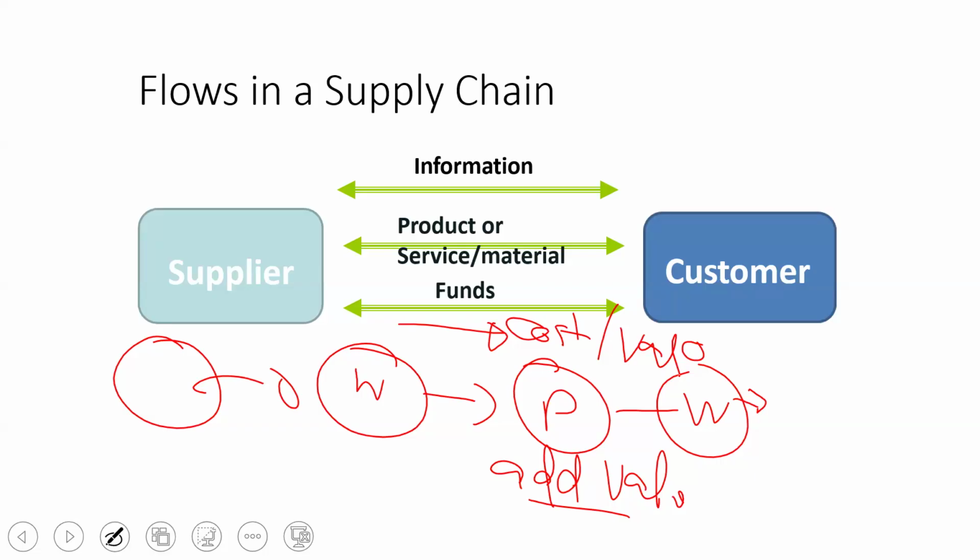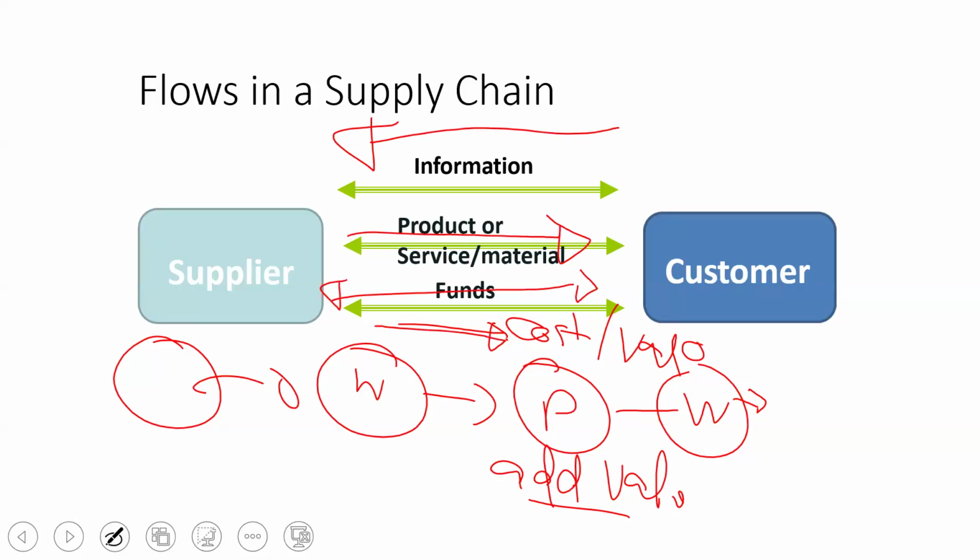So flows: there are information flow, material flow, and financial flow. Information flow, most of the time, comes from the customer to supplier, but material flow is from supplier to customer. Financial flow, you find on both sides, right?